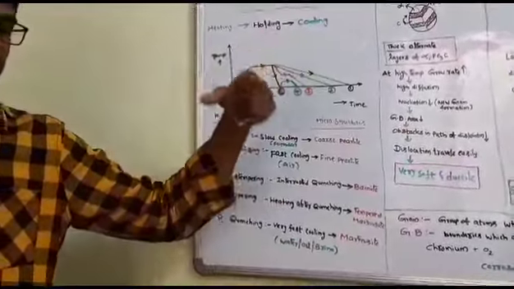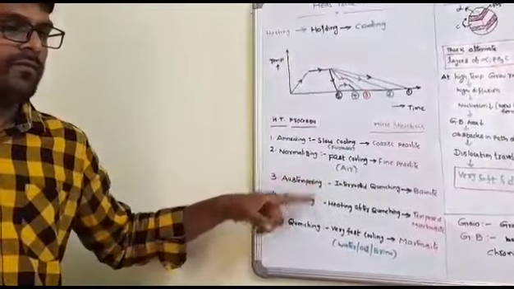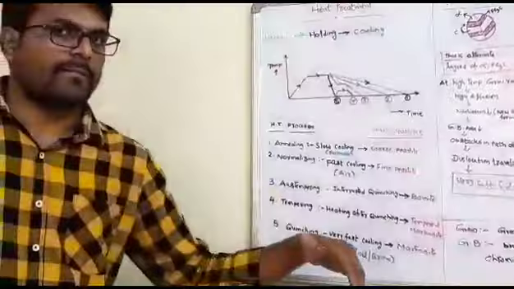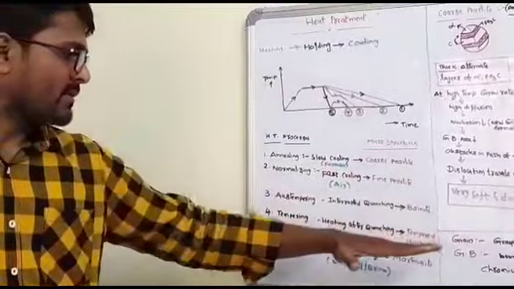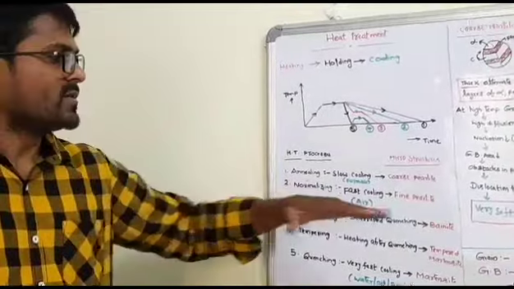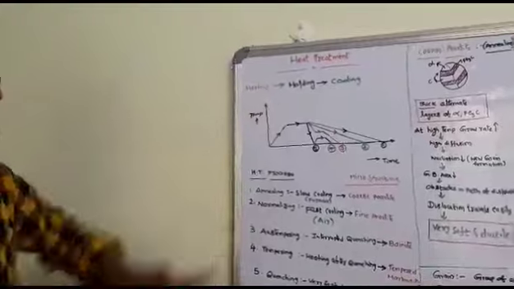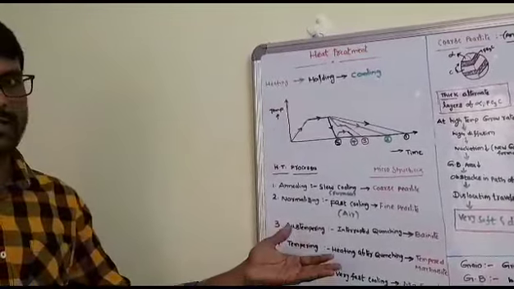If you want soft, less ductile than coarse perlite, we need to go for normalizing. If you want another structure like bainite or tempered martensite, we have to go for those heat treatment processes. In this way, heat treatment processes give us microstructures.